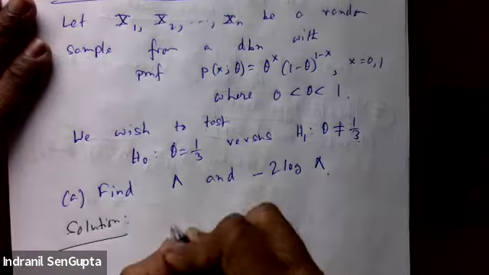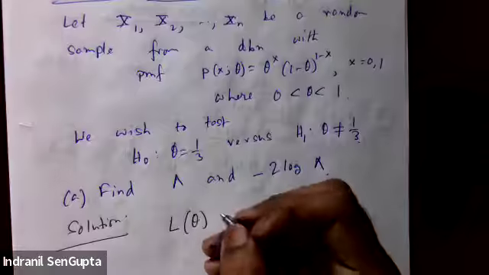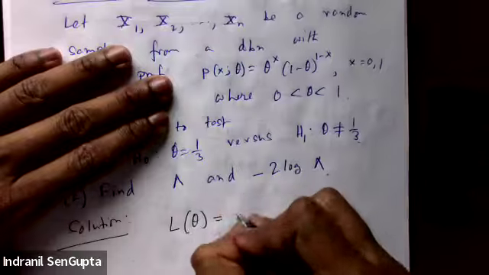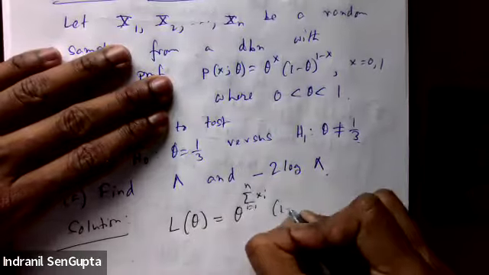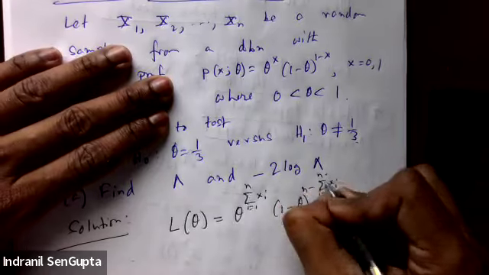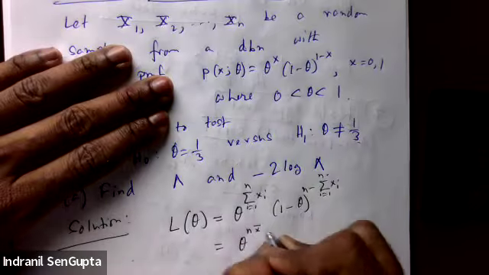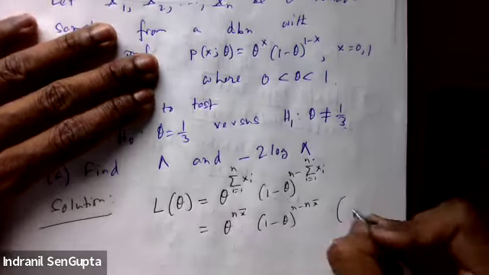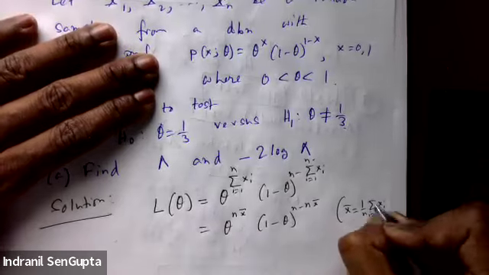In this case, the L of theta, we have done it before. This is nothing but theta to the summation of xi, 1 minus theta to the n minus summation xi. I can write this in another way: theta to the n x bar, 1 minus theta to the n minus n x bar, because x bar equals 1 over n summation xi.